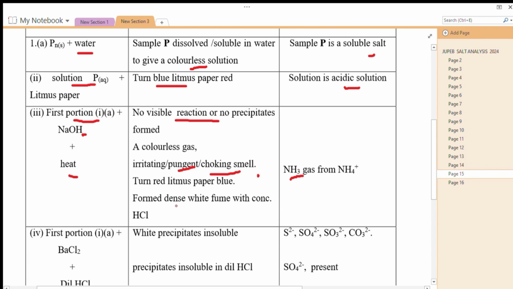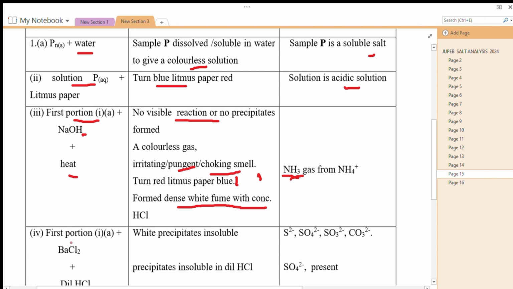When you actually do this test, you will see that there's a white dense smoke, which is a confirmatory test for ammonia gas. Or some people use alkaline here, it's also okay.